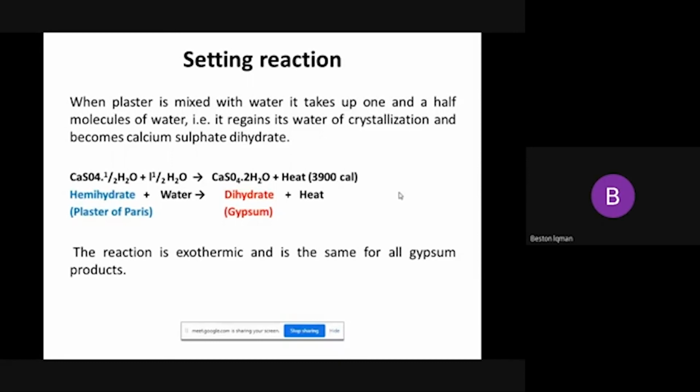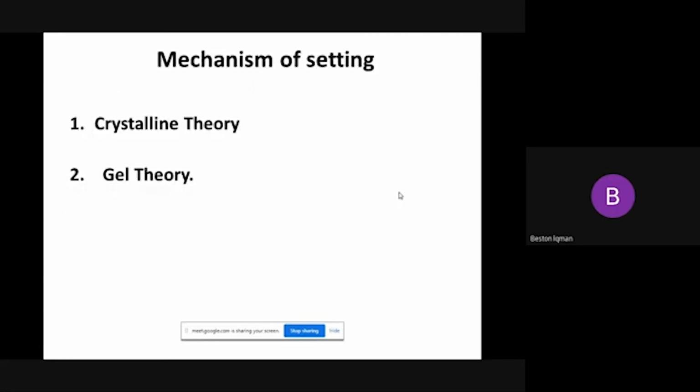All of the reactions in the gypsum are exothermic reactions. Mechanisms of setting of gypsum: either the crystalline theory or the gel theory.